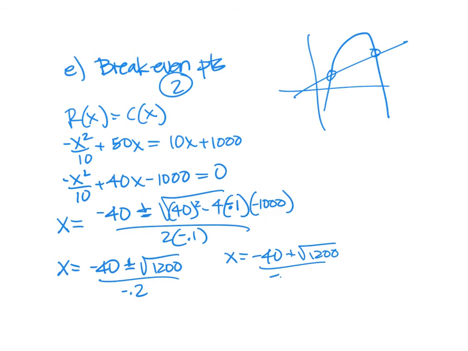That's what that plus minus stands for. So in this case, I would end up with 26.794. And for the other one, where I'm doing that subtraction of the square root of 1,200 and dividing by the negative 0.2, I end up with 373.205.